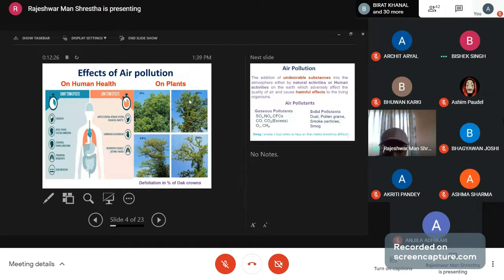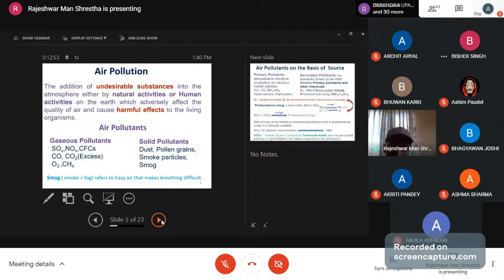And when pollution increases, then dropping of leaves increases. And at 70 percent leaf drop, the plant will not make the required food itself. In this way, the unwanted chemicals present in air may cause effects on human health and plants.